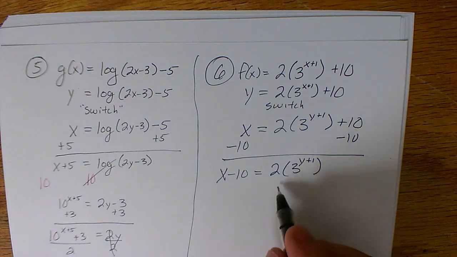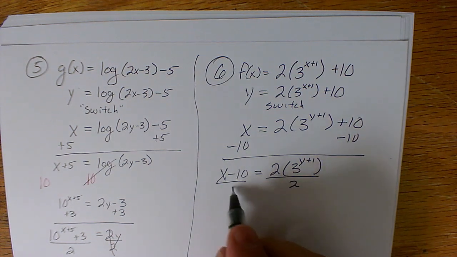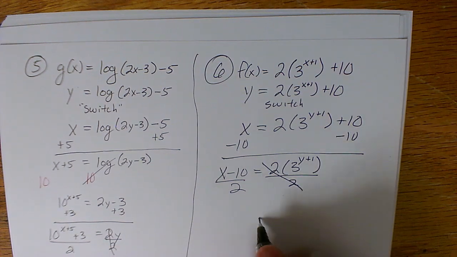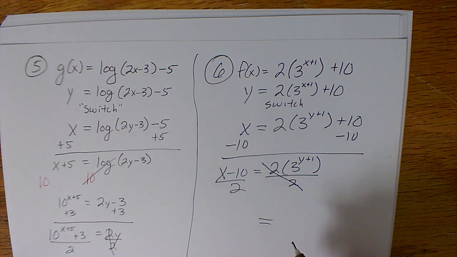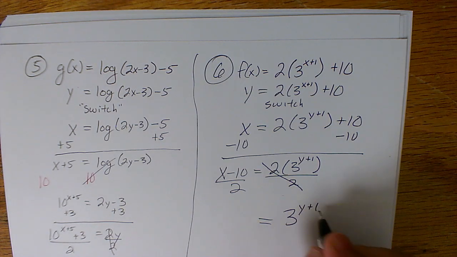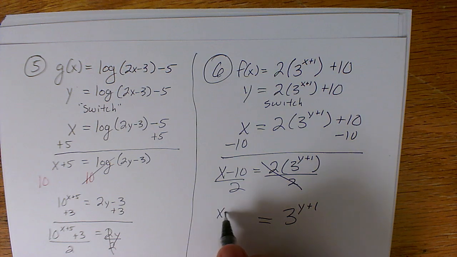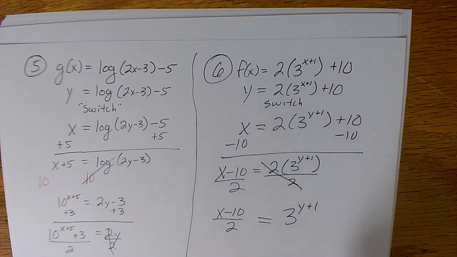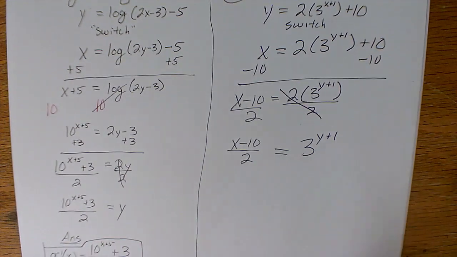And then now we're going to take both sides and divide by 2. We will end up with 3 to the y plus 1 equals x minus 10 over 2. So since this is an exponential, we're going to do logs to get rid of it.